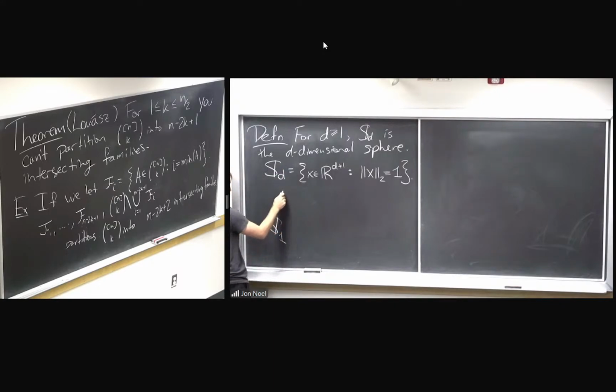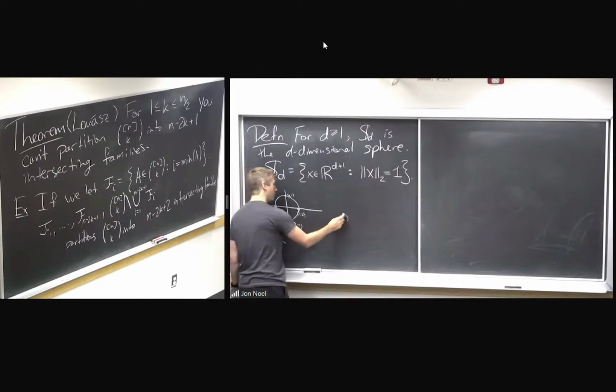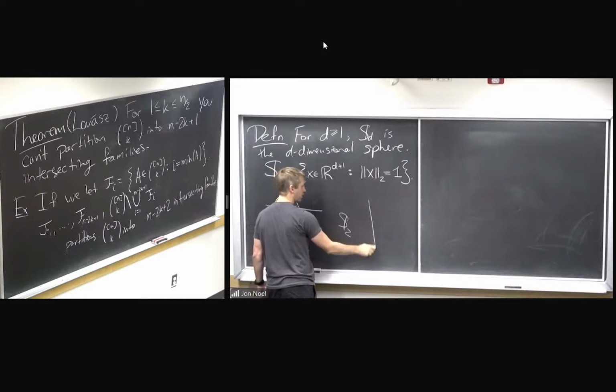So for example, S^1 is a set that lives in R^2. And it's all the things at distance 1 from the origin, right? And then S^2 is what you really think of when you think of a sphere.